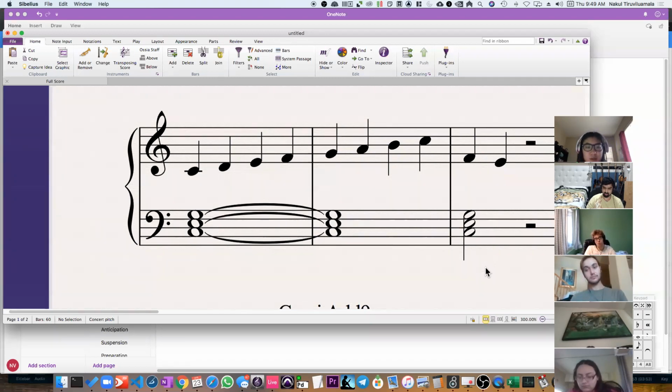For one thing, it has that minor ninth. But there are situations, like in the example, where the non-harmonic tone, or sorry, the neighbor tone, makes something a little more pleasant sounding.